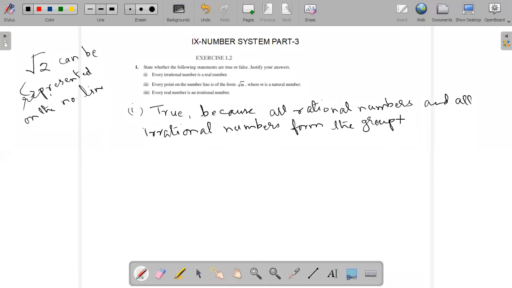As I told you in the first lecture about real numbers, real numbers are divided into two parts, rational and irrational numbers. So that's why it can be expressed.